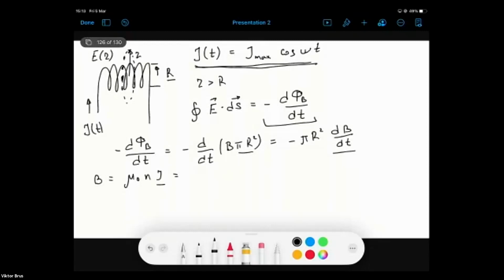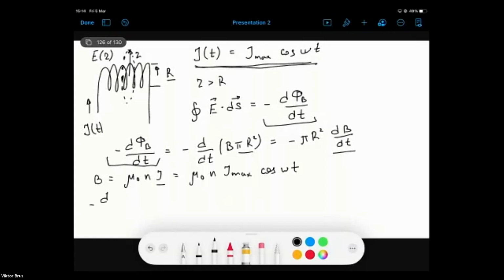So this will be mu naught times n times I maximum times cosinus omega t. So now we need to determine this derivative, like the rate of changing of magnetic field flux.